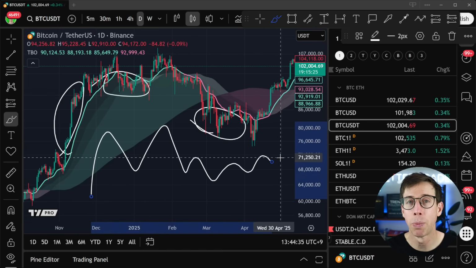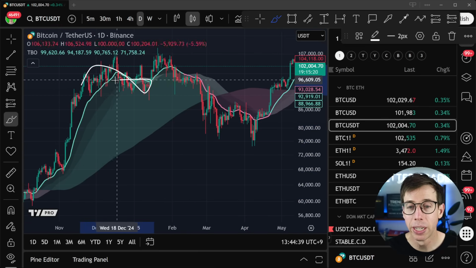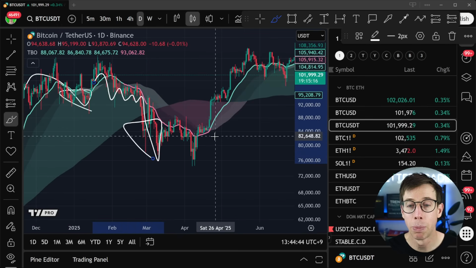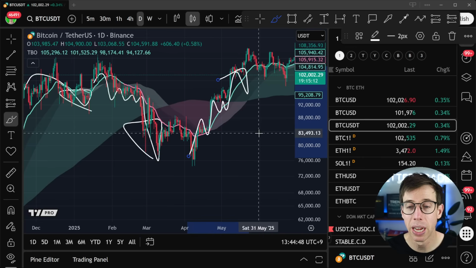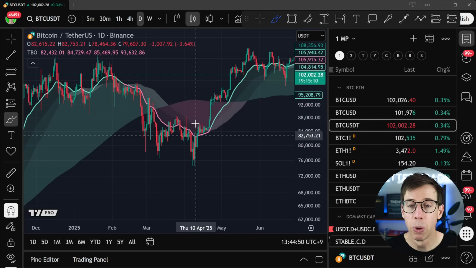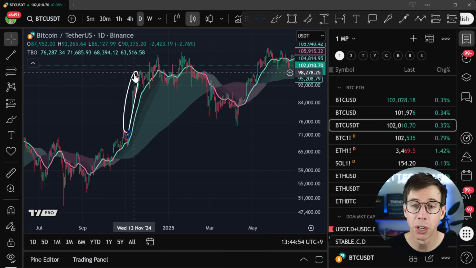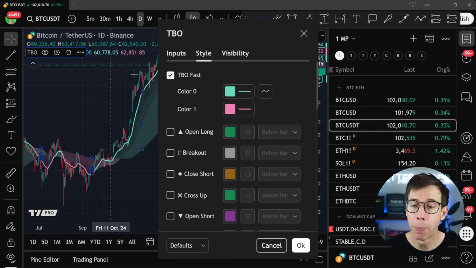Consolidation is essentially whenever a price goes sideways, okay? So we can have bearish consolidation, which basically means chop all the way to the outside, or rather the bottom of the cloud, and bullish consolidation to the top side of the cloud. So one thing that makes the TBO great is that it gives us an idea of how bullish or bearish a chart is, and it also lets us know when that trend might be changing.